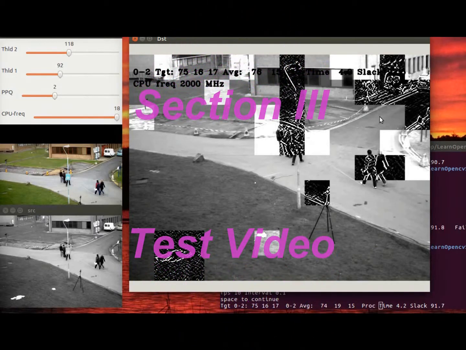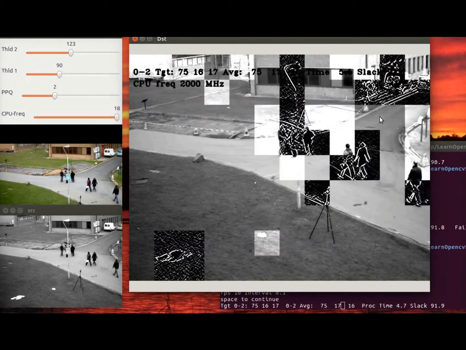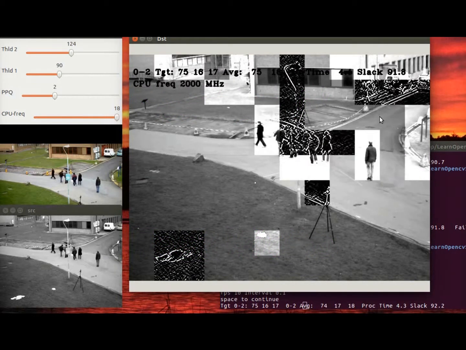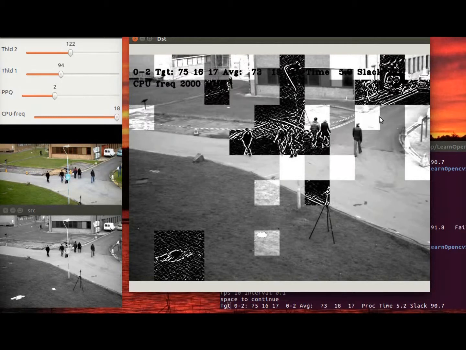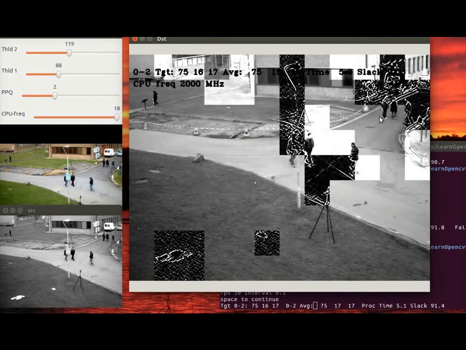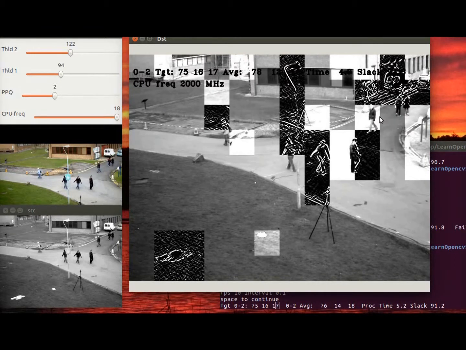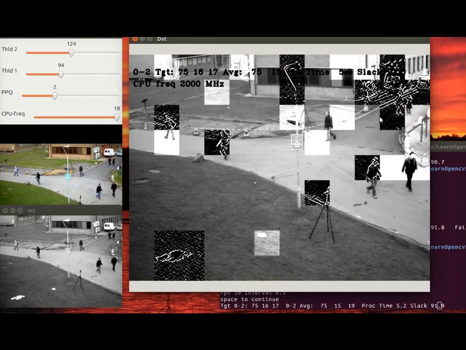Right, now we move on to some real image processing, looking at a couple of test videos. The following is an OpenCV short test video sequence that demonstrates the power of this process. I need to point out that there is no image tracking involved other than the image significance process itself.